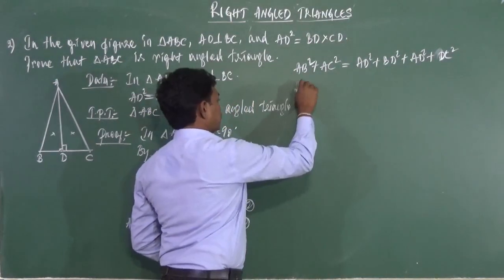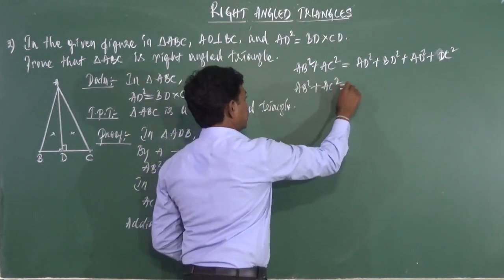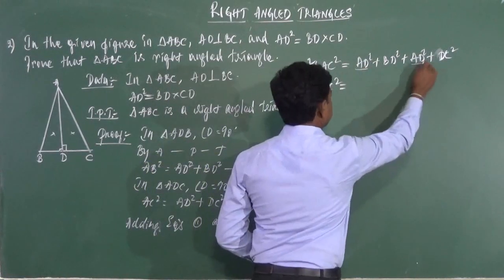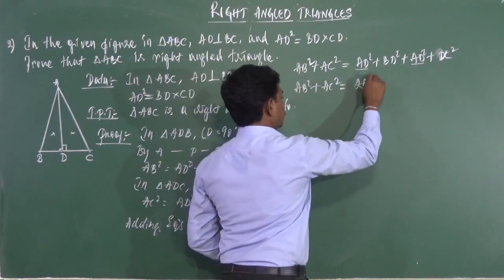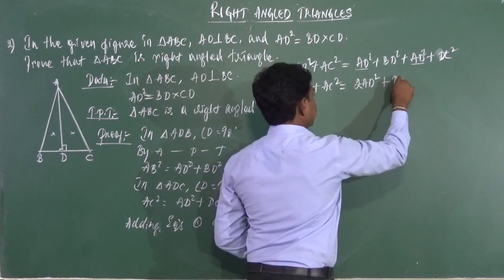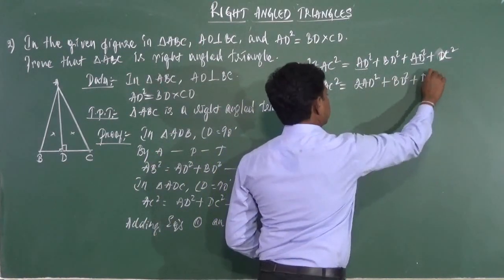So AB square plus AC square is equal to 1 AD square plus 1 AD square is 2 AD square, plus BD square plus DC square.